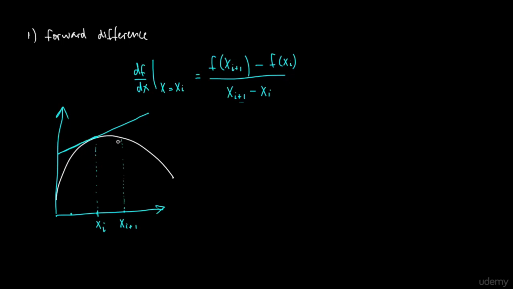So then what we're saying is that if this line is the true derivative of the function at xi, then the approximate derivative is taken as follows. We're essentially drawing a line from this point to this point, and we're saying that this is our approximation. So essentially what I can do here is draw this line.